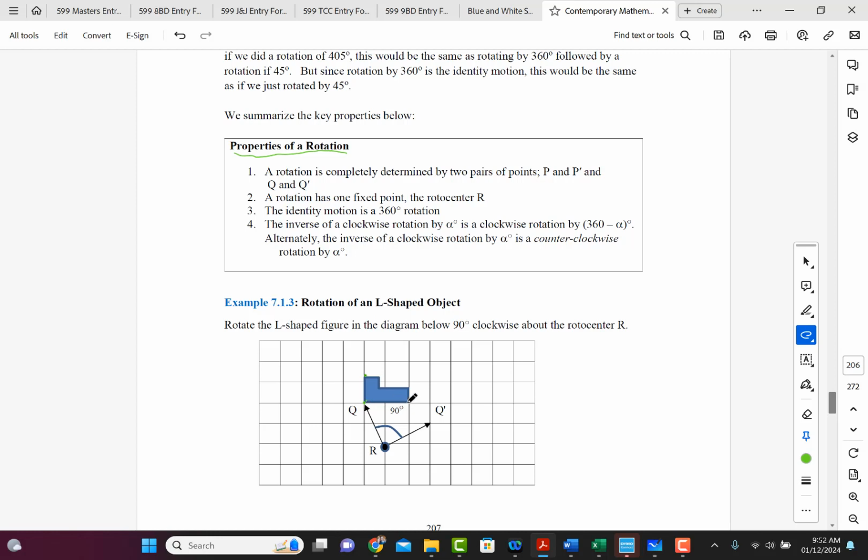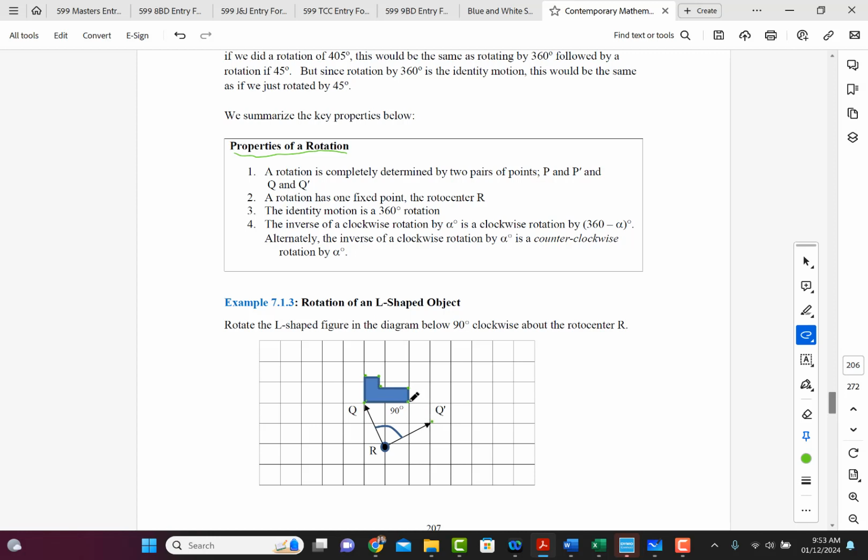I'm going to mark all the vertices. Now this is a 90-degree angle, right? So you're going from Q to Q prime. Q to Q prime is rotating 90 degrees, so this is going to go here.